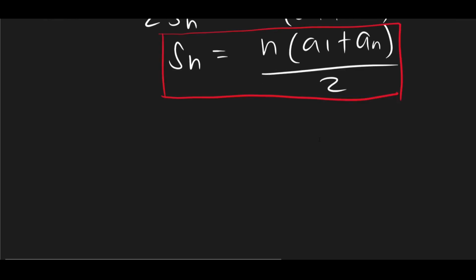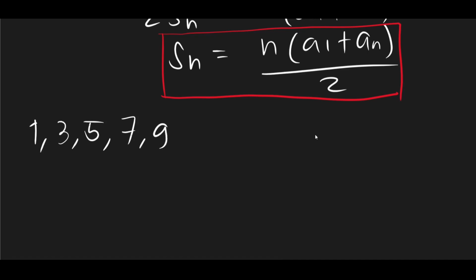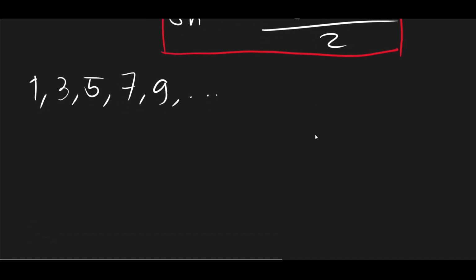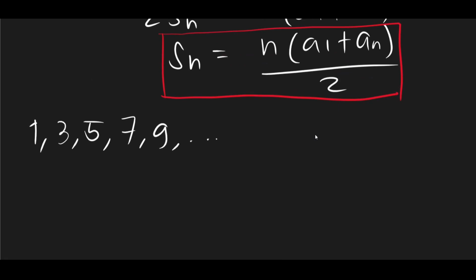Now that we have our formula, let us apply it. Let's go back to our favorite example, the arithmetic sequence 1, 3, 5, 7, and 9, and so on. Let's say we want to find the summation of the first 100 terms of this sequence.